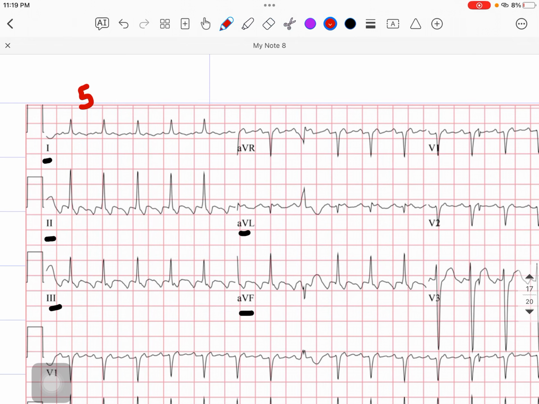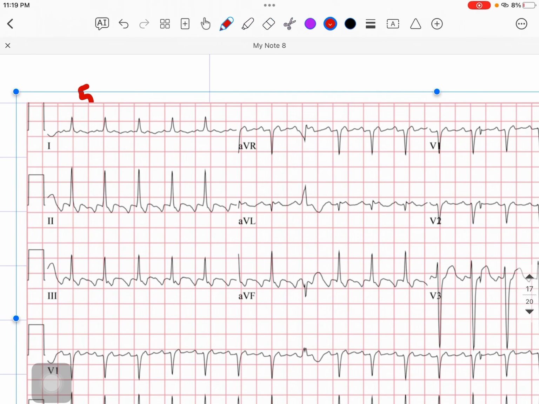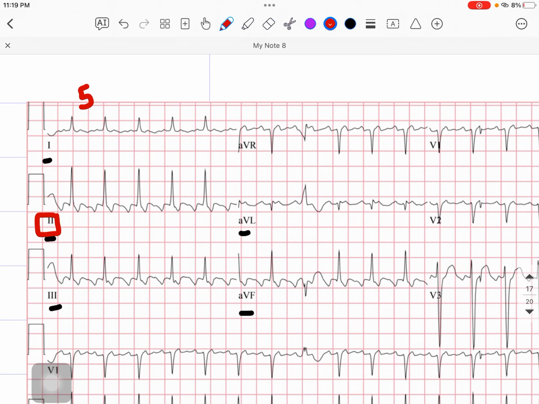So the second lead has the tallest R wave, and the AVF also has the tallest R wave. So the patient's axis will be falling between the second lead and the AVF.